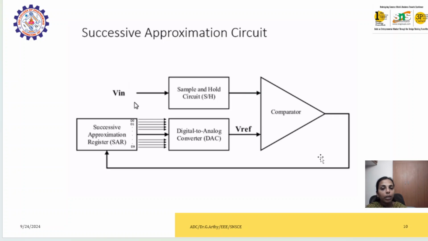This comparator compares the given input signal with a V reference signal, and this error is given to the successive approximation register, which converts it to a digital signal. What is coming into the comparator is an analog signal, so this also has to be analog, and a DAC is used to convert this digital signal into an analog signal.